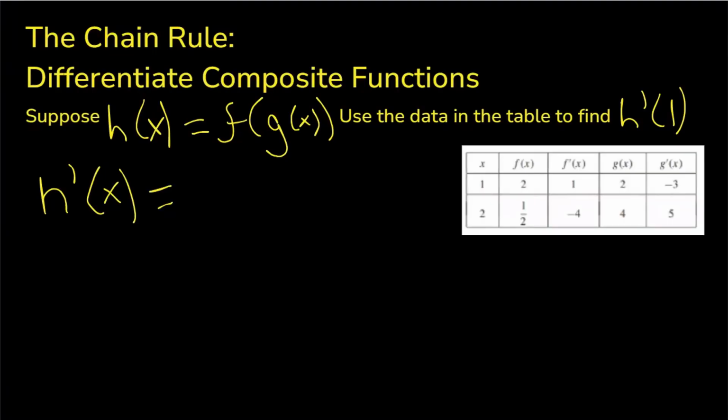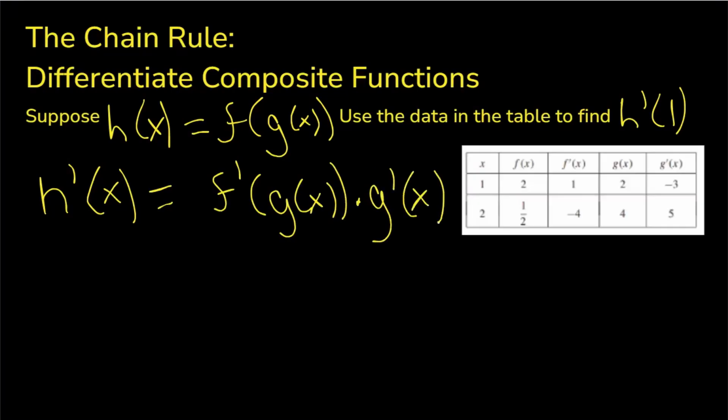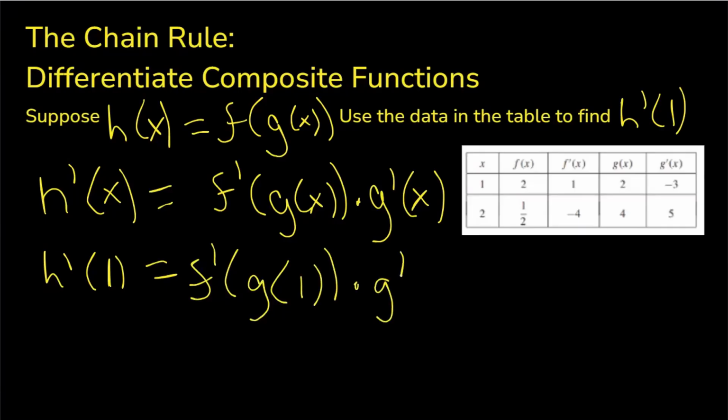So I don't know what the functions are, but I know how the chain rule works with notation. It's the derivative of the outside, so we'd write that as f prime, with the inside still there, times the derivative of the inside, g prime. Then h prime of 1 is going to be f prime of g of 1 times g prime of 1.